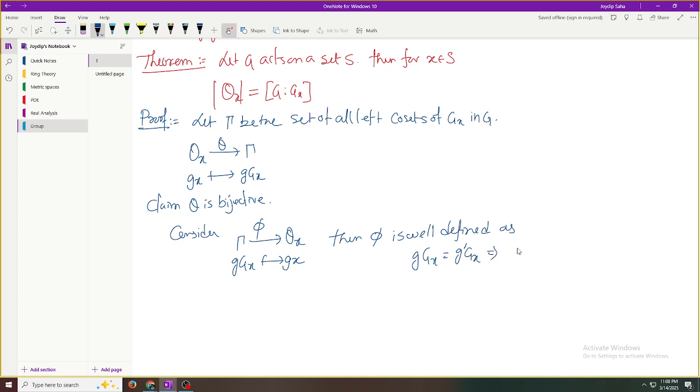This implies g dash inverse g belongs to Gx. This implies g dash inverse g of x equals to x. This implies gx equals g dash x. Okay, so this is a well defined map.